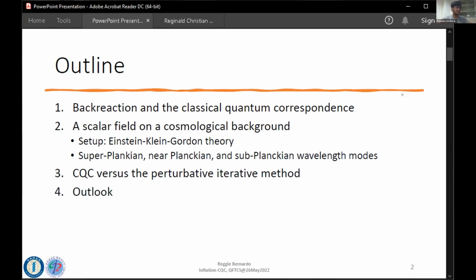I would compare, of course, the results would have to rely on this methodology, and we will always question how reliable is this methodology. So I would compare it with a canonical approach, which is considering the perturbative-iterative method, the ones we're familiar with in the semi-classical gravity textbooks.